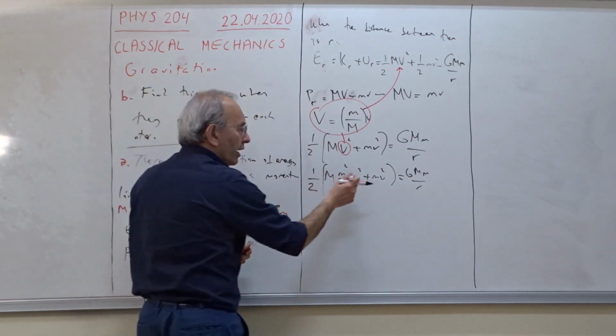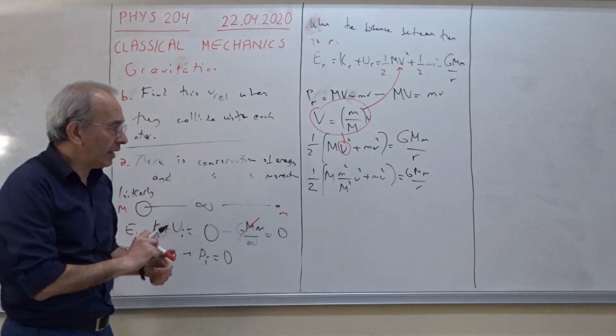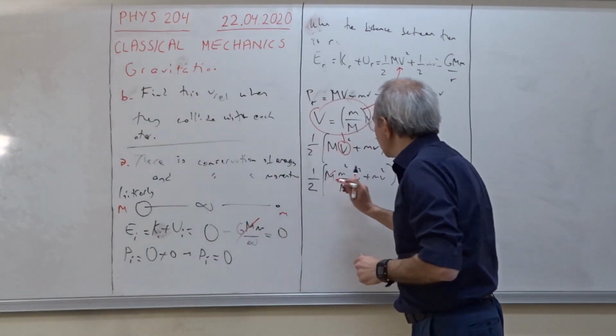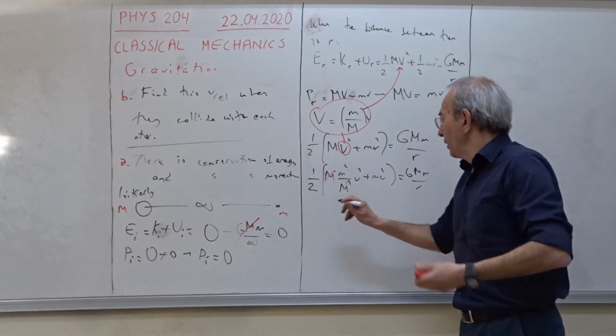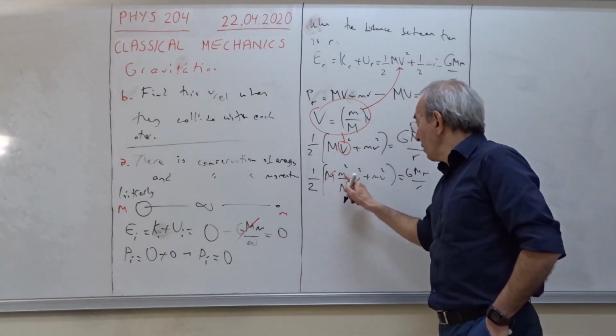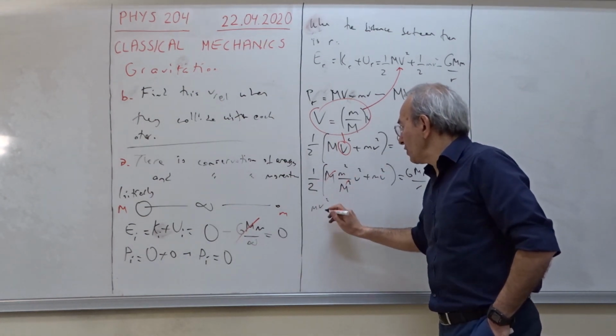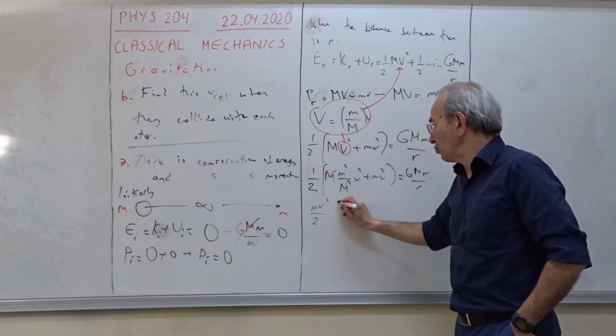Well, m v squared is the common term, so we can take it out and we can cancel one of these capital M's. So we have, let's take 1 m, 1 v squared divided by 2.